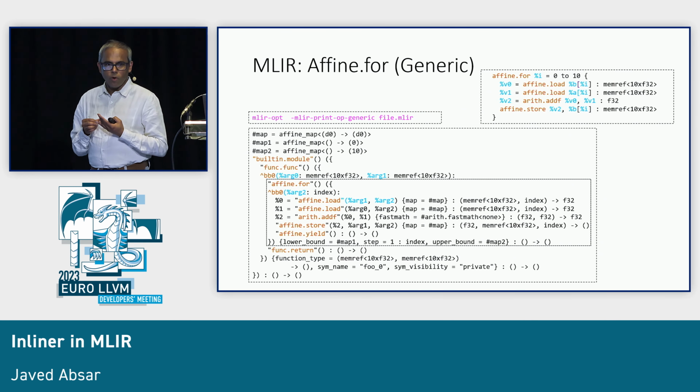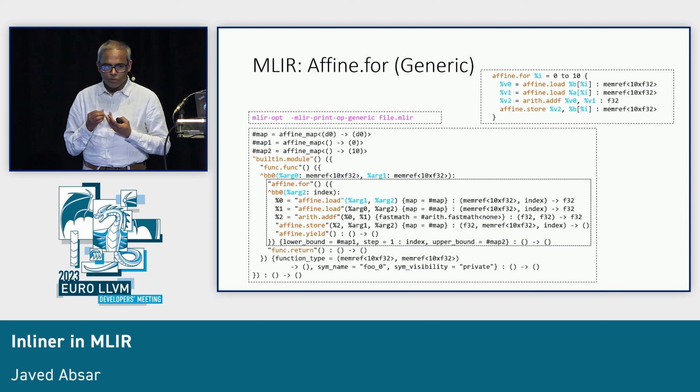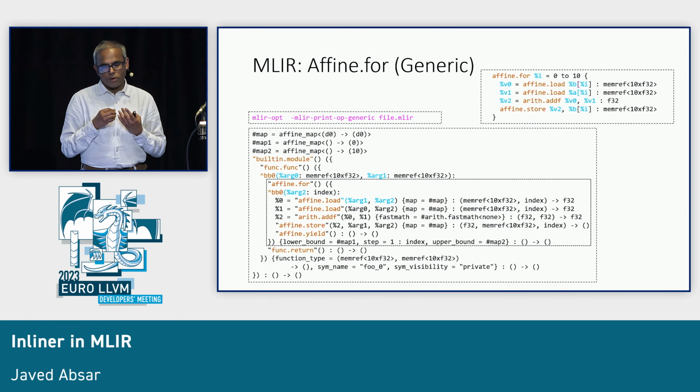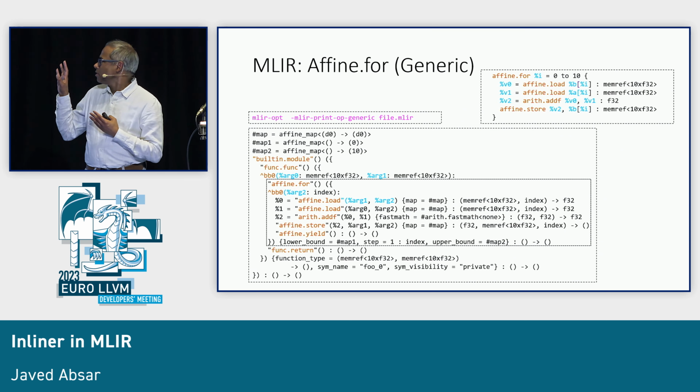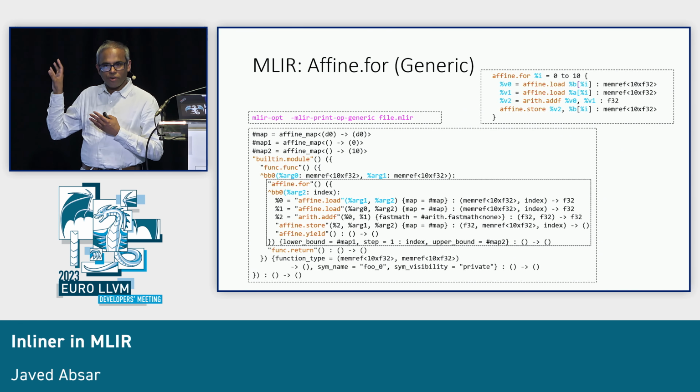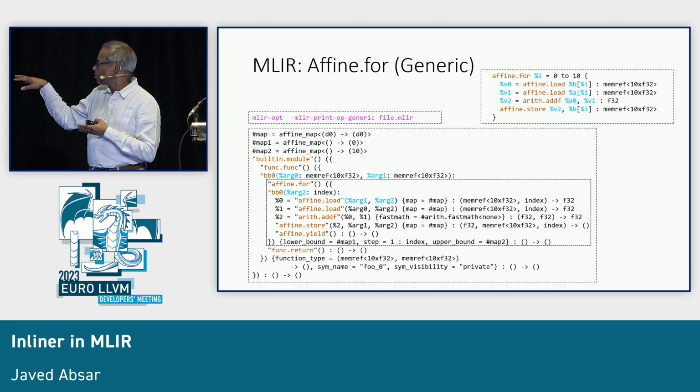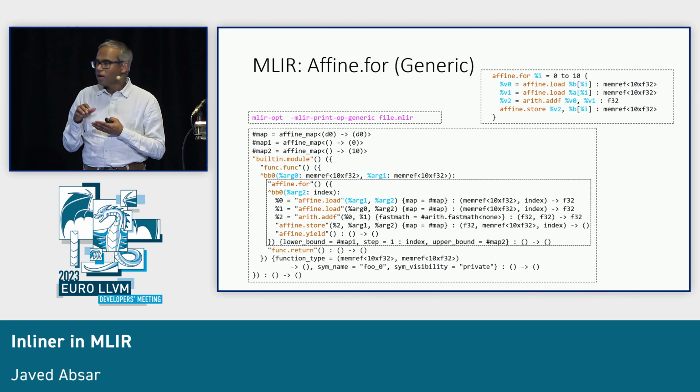Right, okay, that's simple. Another way to see an op, which is very useful when you're doing development, is to run with -mlir-print-generic. For the same affine loop, in the upper right you see the pretty-printed Affine.for, and the ugly real detailed form is the one that you see below. These are the same two things.